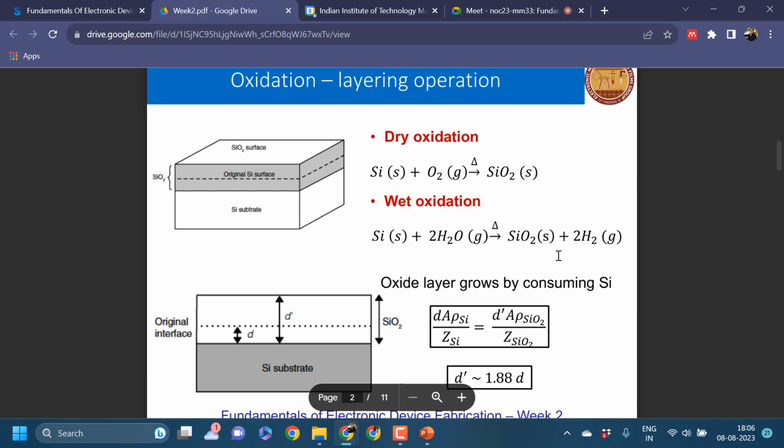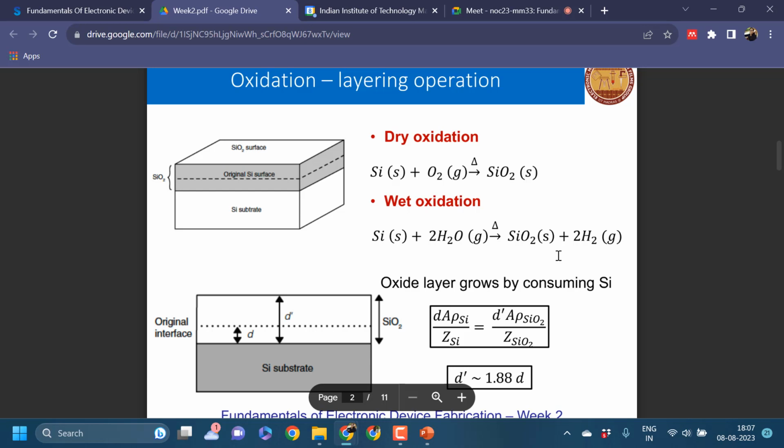Can anybody tell me from the previous week what type of a layering operation oxidation was? We had discussed that there are two types of sets of processes that we can use for the layering operation.